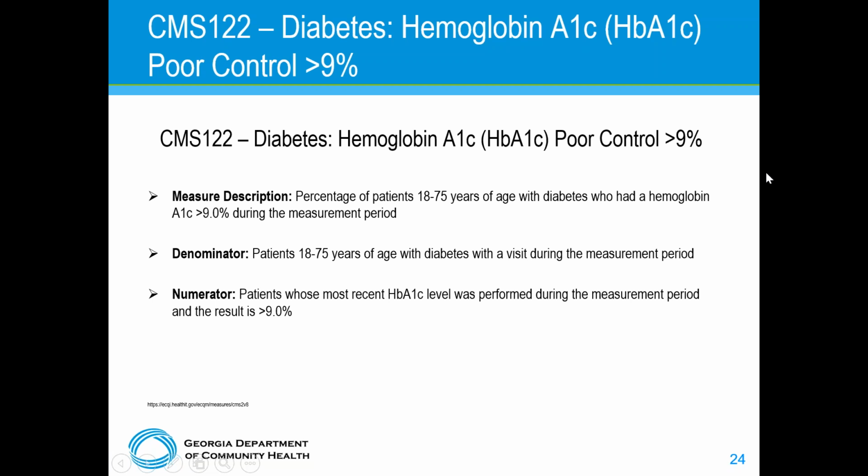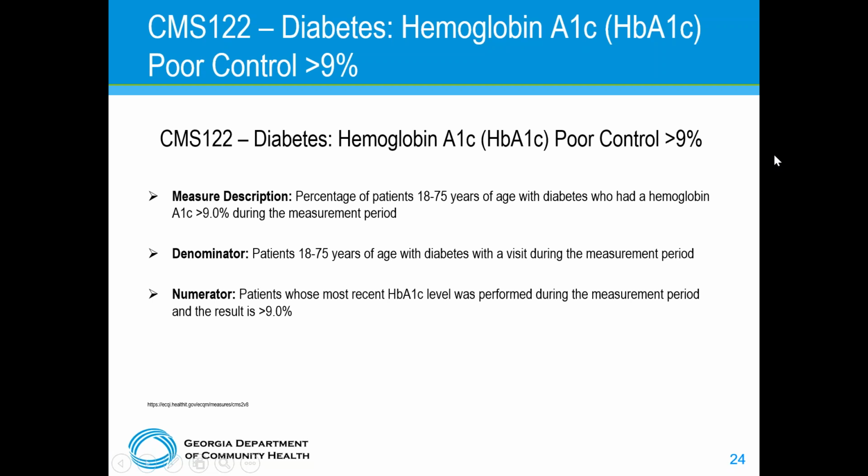To break down the numerator criteria just a little bit further, the patient encounter is numerator compliant if the most recent hemoglobin A1C is resulted and it's greater than 9%, or if the A1C test was performed but it was not resulted, or if the diabetic patient has not had an A1C test performed during the measurement period.